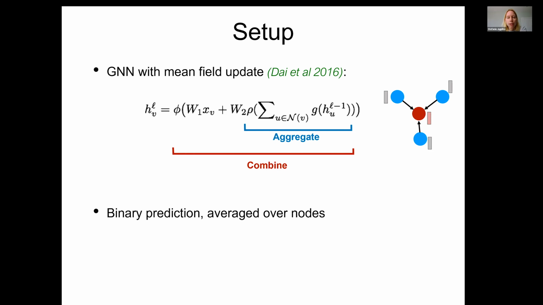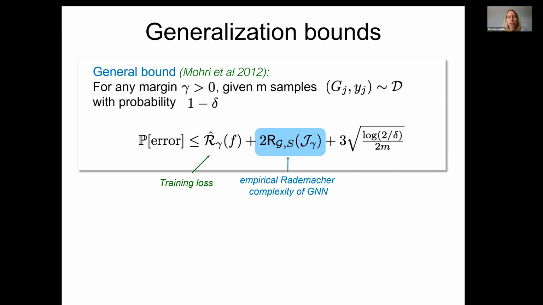So that's the model class we're looking at. Now if we look at generalization bounds, there's of course a lot of theory on this. Here's one generic bound for margin-based loss. Given the samples, I look at the empirical risk, or the training loss, and the difference between the training loss and the probability of making an error in the test set is bounded by the Rademacher complexity, a complexity measure of my function class, plus a term that shrinks with root m, where m is the number of samples.